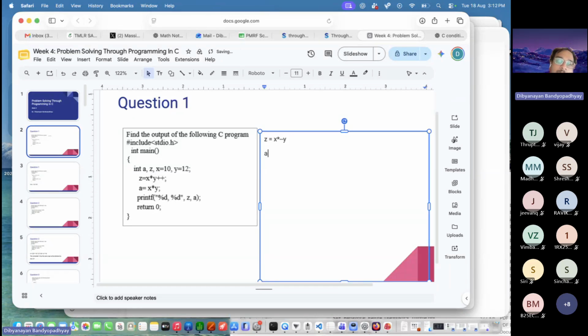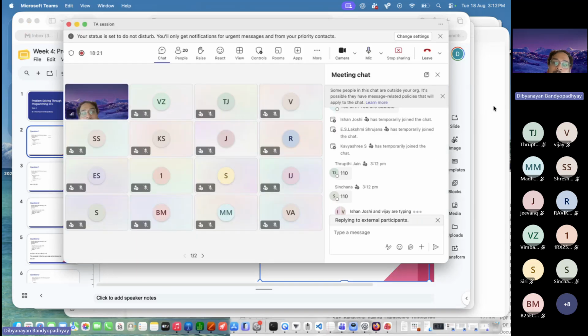And the next step is the same: a equal to x into y. Okay, so what happens? Let me check the answers first. 110, 110.